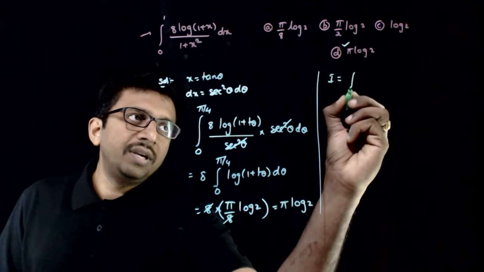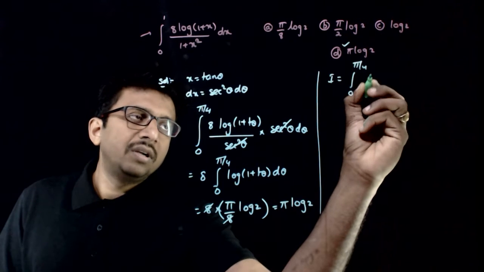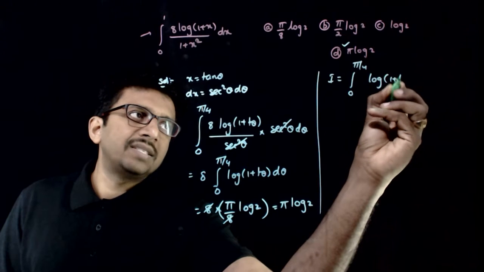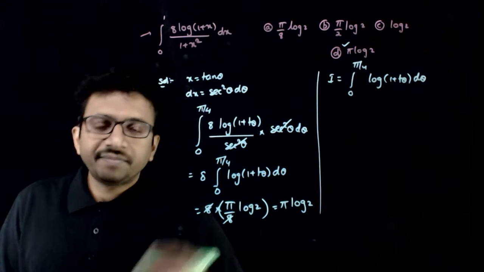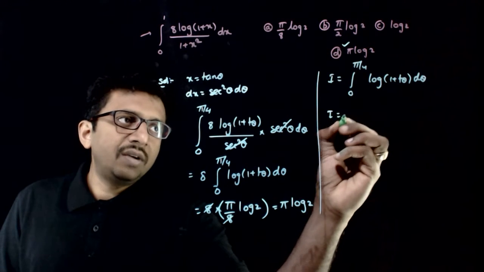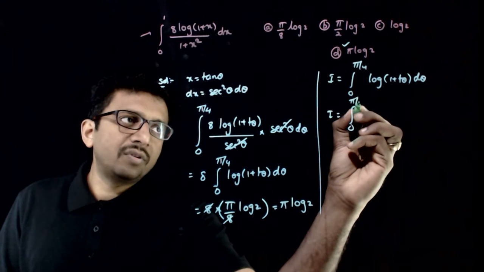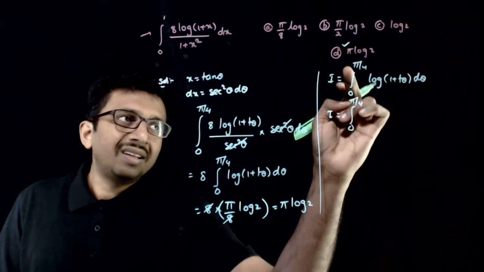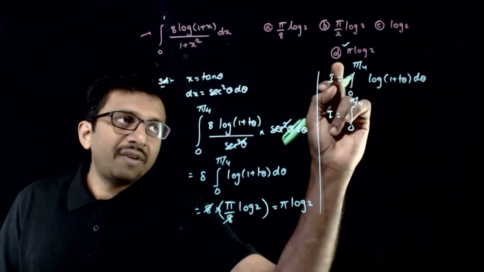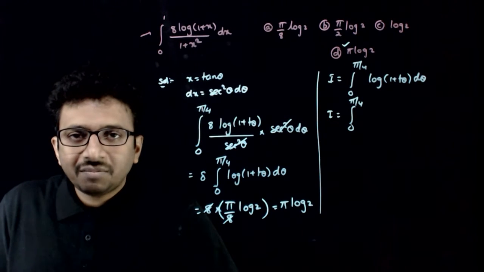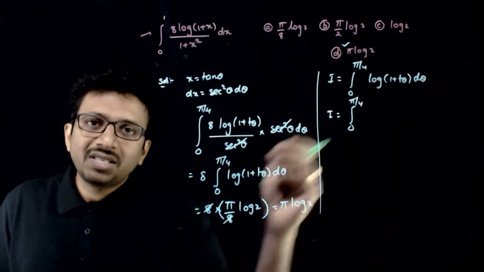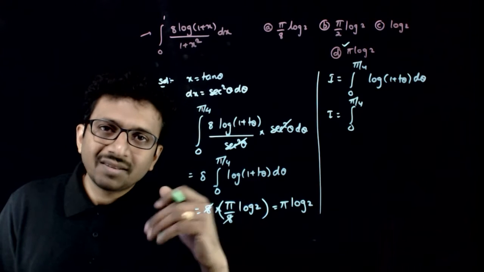So I is equal to the integral from 0 to π/4 of log(1 + tan θ) dθ. This I is again equal to the integral from 0 to π/4, where I can substitute π/4 − θ in the place of θ, because the integral from 0 to a of f(x) dx is equal to the integral from 0 to a of f(a − x) dx.